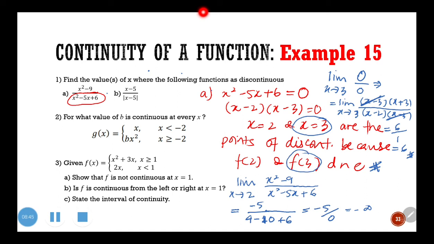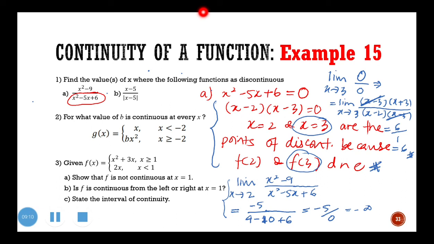Okay, hopefully all of you are clear. The red part is actually our solution. The blue was just extra revision on how to find the limit for these 2 points of discontinuity. It shows that although f(2) and f(3) at x equals 2 and x equals 3 are not defined, their limits may exist.